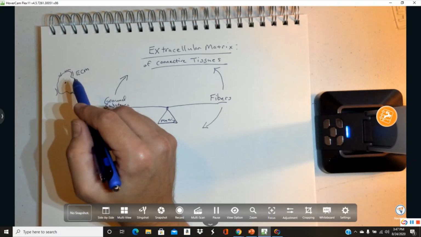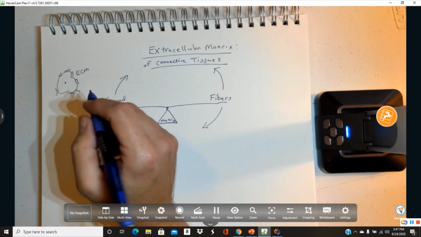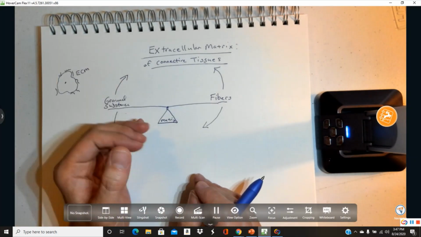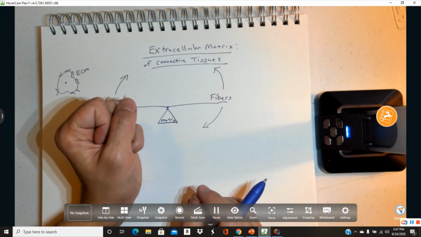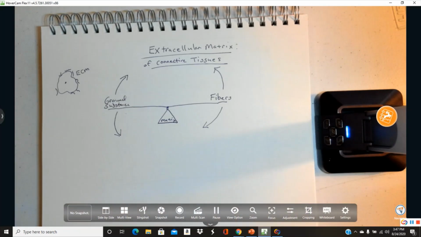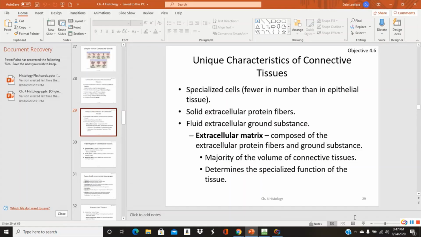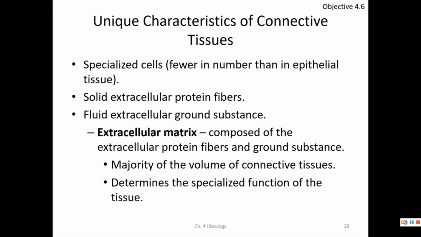Surrounding blood cells is mostly liquid. You can have everything from extremely tough stuff to not so much, and everywhere in between. So it is this extracellular matrix which has a protein fiber and a ground substance. The extracellular matrix produces the majority of connective tissues themselves and is what actually gives them their function. It is made up of two things, fibers and ground substance.